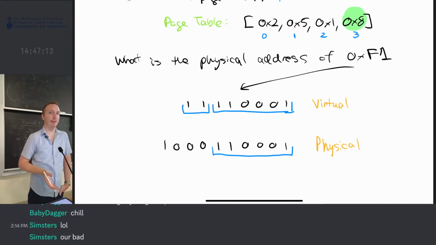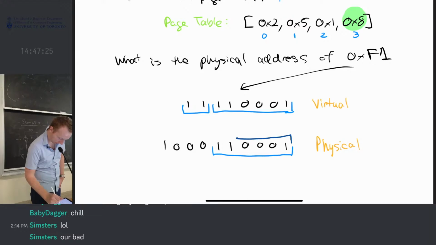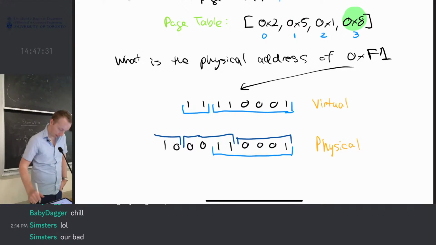Now for these, they'll typically say, give me the address in text, everyone likes text. So you just have to go the other way. To go the other way, all we have to do is group them into 4s, like this, and just write out their hex characters.